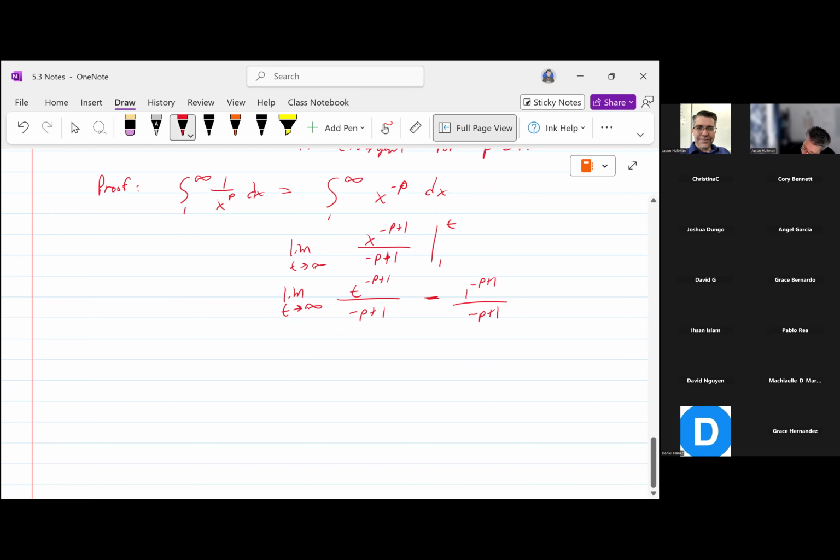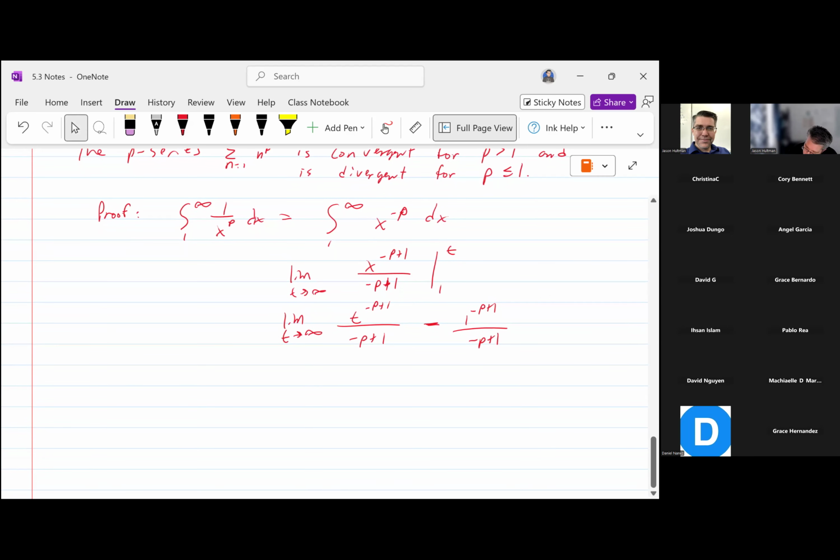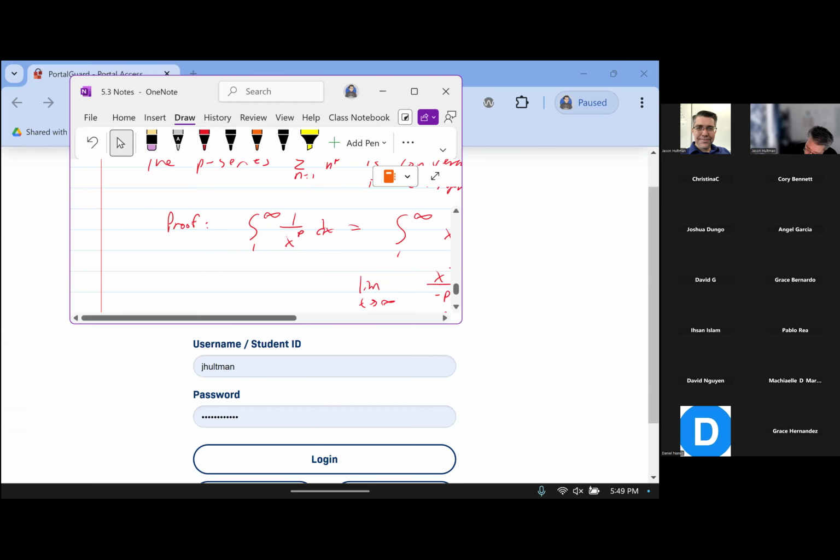What I'm going to do for the first term is factor out a negative. I'm going to factor out a negative from this guy here. Let me highlight where I'm factoring out the negative from, just so y'all can tell.